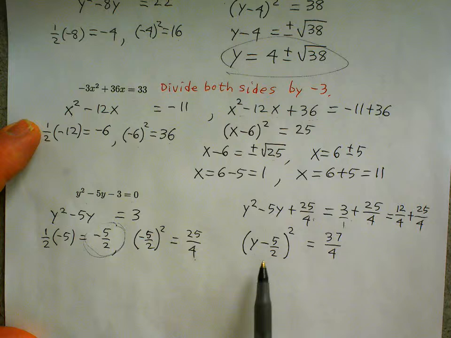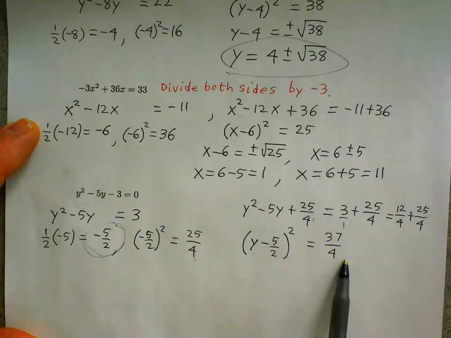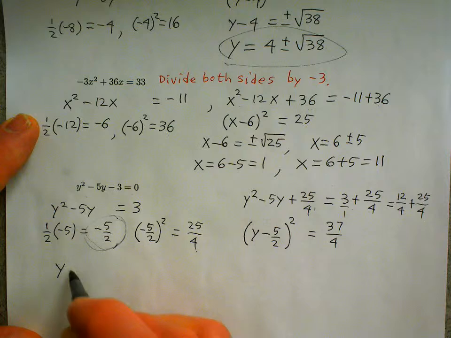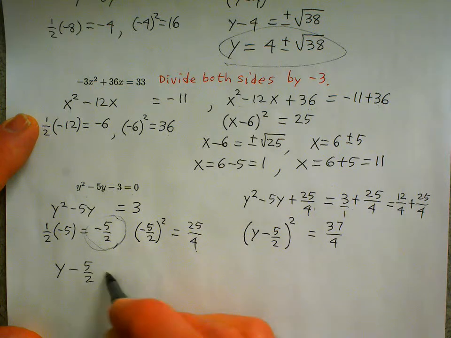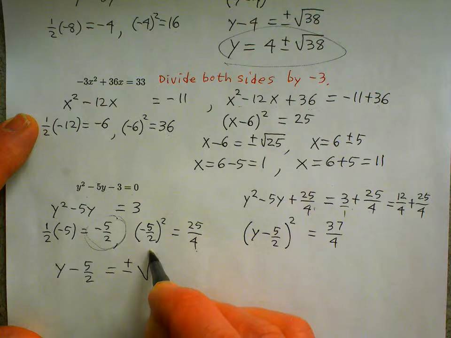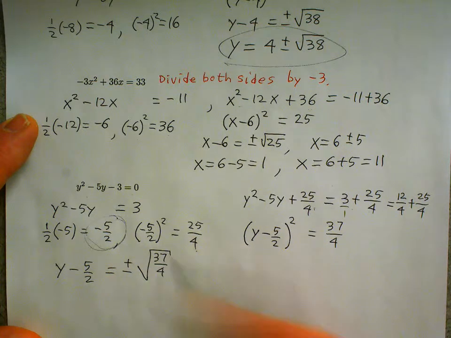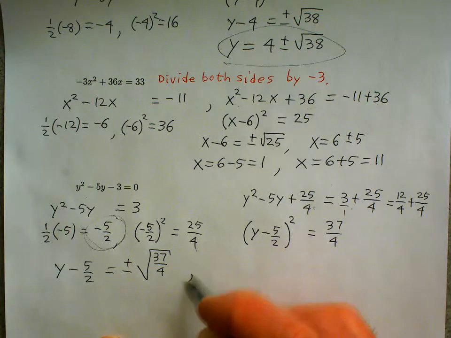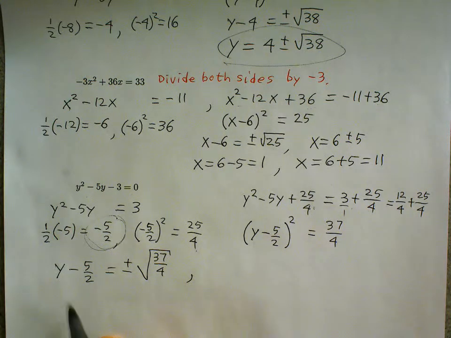Okay, but now that we have y minus 5/2 quantity squared equals 37/4, now we can apply the square root property. And we'll get y minus 5/2 equals positive and negative square root of the fraction 37/4. In the next step, we'll do a couple of things.